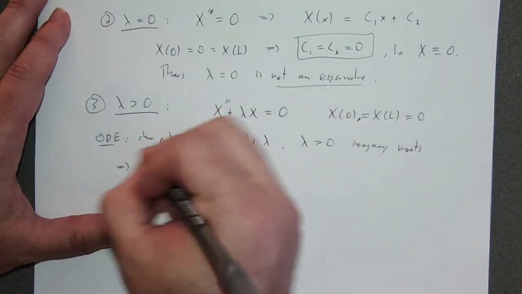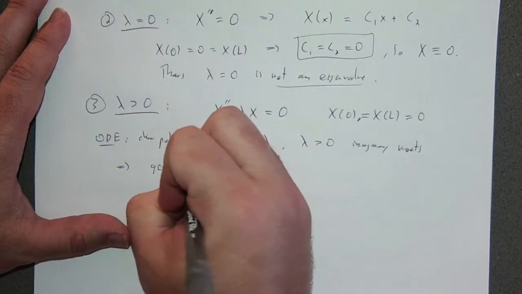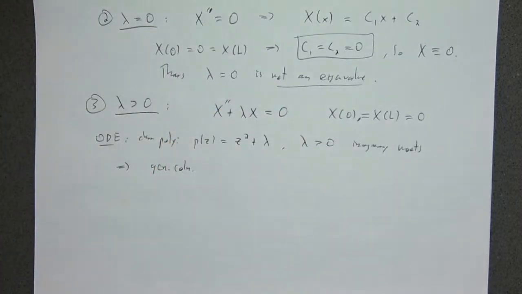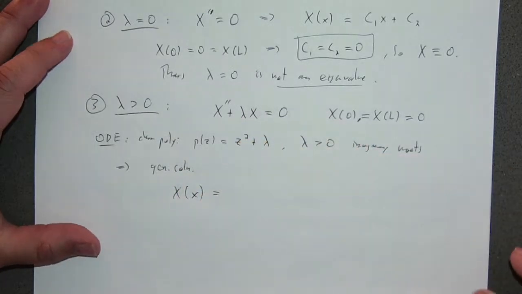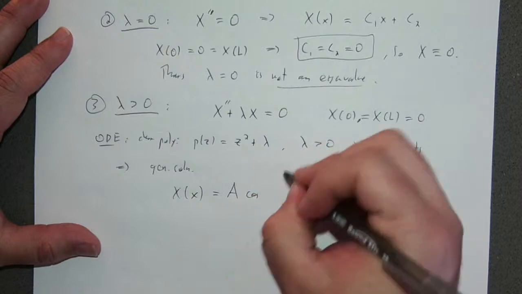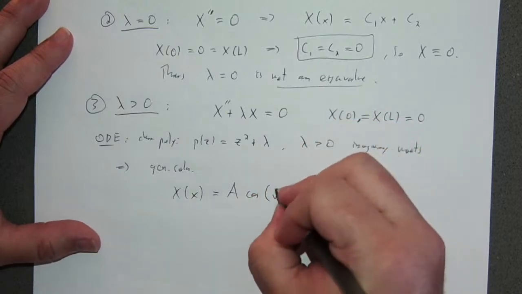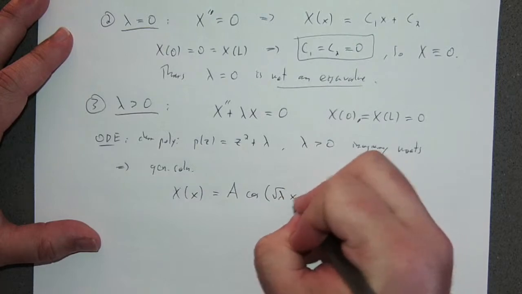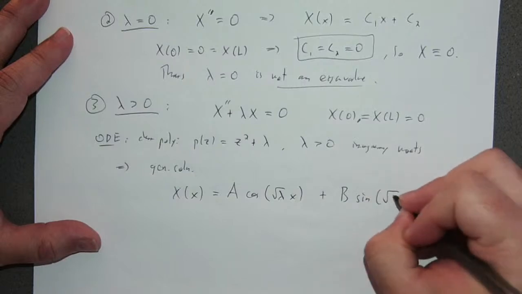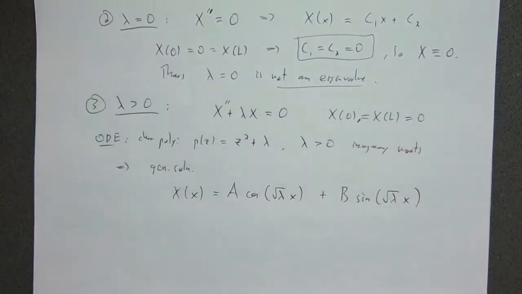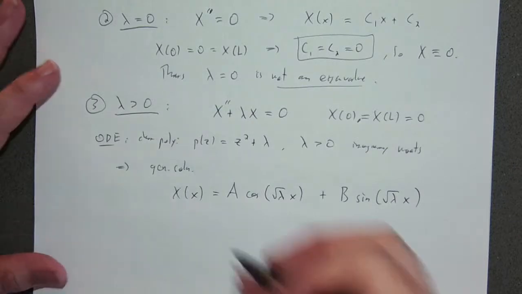What happens in the second order linear ODE case with constant coefficients when you have two distinct complex roots? What does the general solution look like? You might recall that the general solution in this case looks like the following: x of x is a cosine of square root of lambda times x plus b sine of square root of lambda times x, for constants a and b.